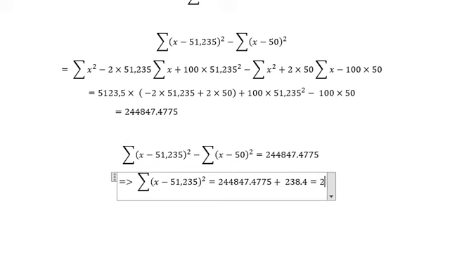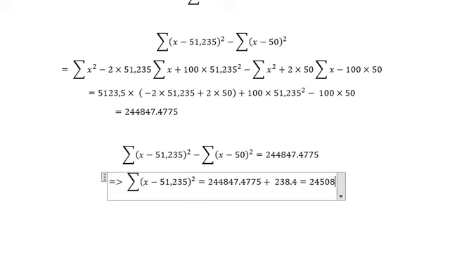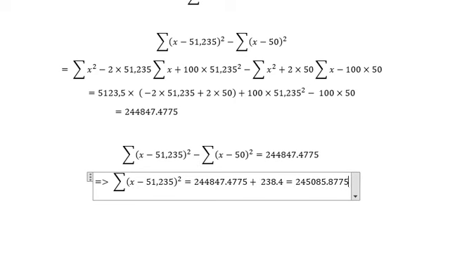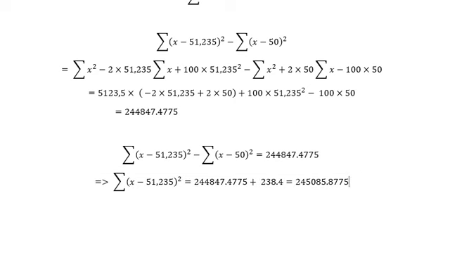That's about 245,085.8775. And now we can find the variance.